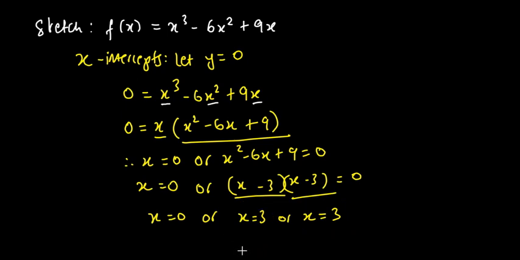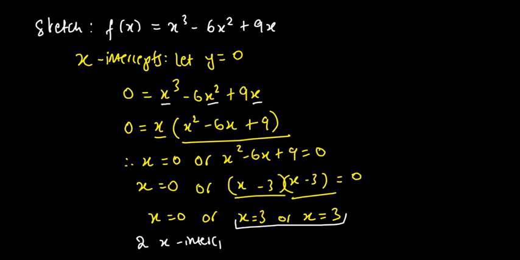Okay, so what is the meaning of us getting an answer like this, whereby this bracket gives us 3 and then the second bracket also gives us 3? Whenever you see something like this, good people, I need you to know that it means you have only two x-intercepts.